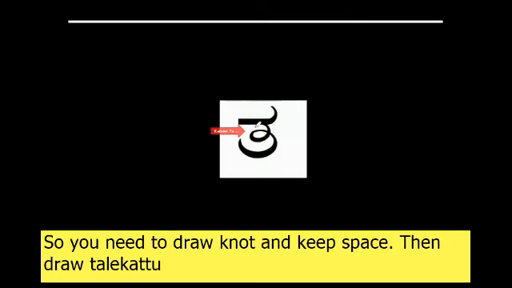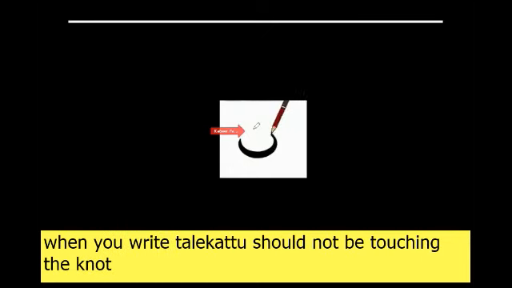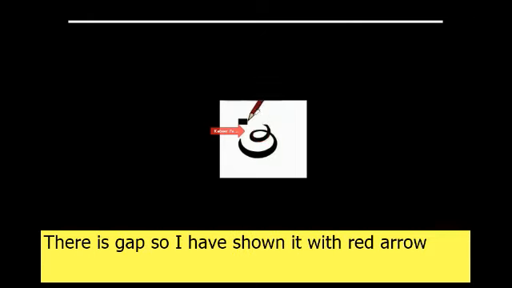So when you write, the talekattu should not be touching this knot over here. So you need to take above and then draw talekattu. There is a gap. That's why I have shown it with a red arrow.